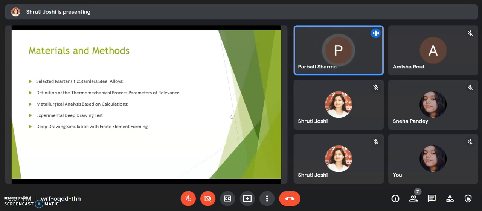Second, definition of the thermomechanical process parameters of reference. Optimum process parameters should be mainly defined depending on the metallurgical properties of the alloy investigated. However, some specific parameters are defined according to essential technological aspects.